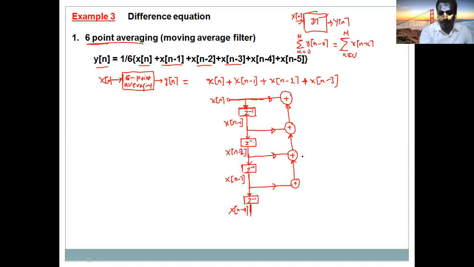This also must be added. One more, right? You see our equation. So one more delay element, z to the power of minus 1. What do you get? Again x of n minus 4 delayed by 1, x of n minus 5. Sorry, it's here also. All must be added together.